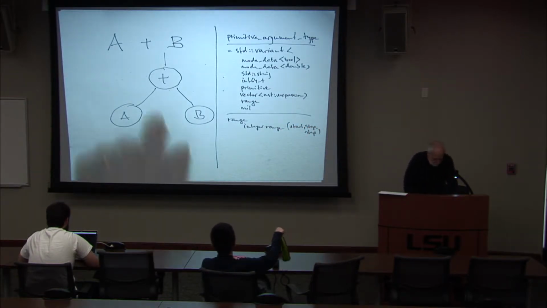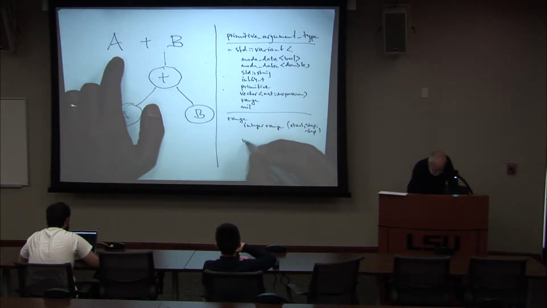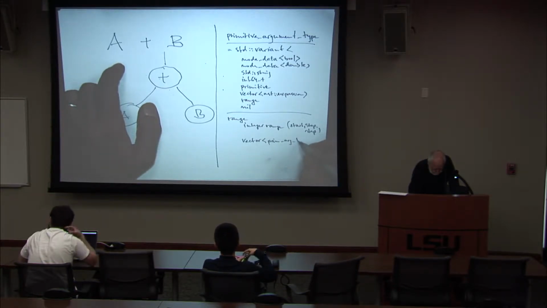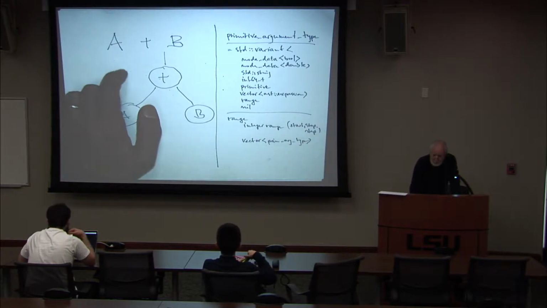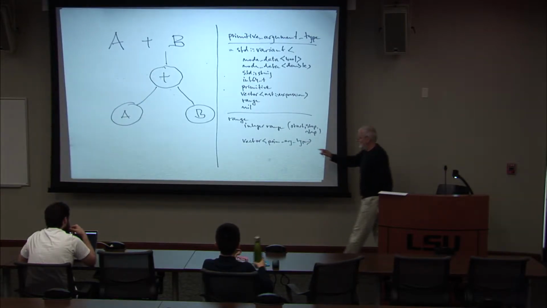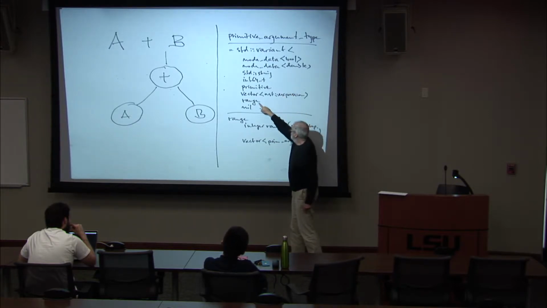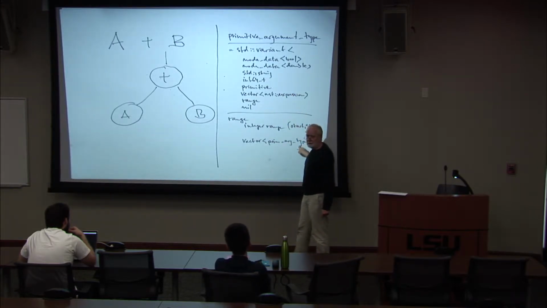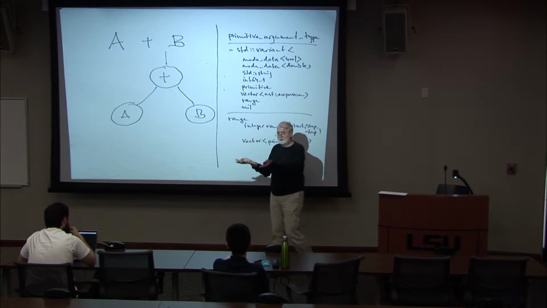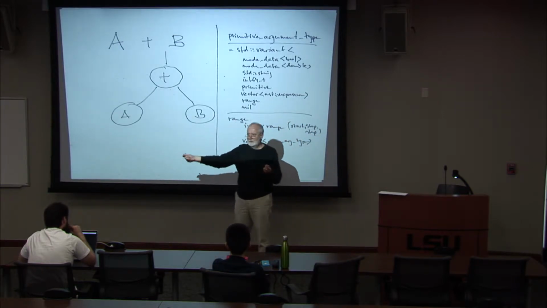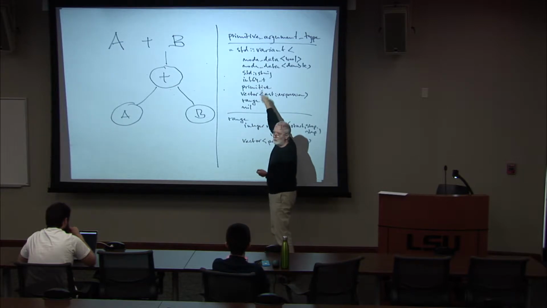A range can also be, in Phylanx, a vector of primitive argument types. So it's kind of self-recursive, right? A primitive argument type can be a vector of primitive argument types. So it can be essentially a list of things. Each of those things can be one of those things again.